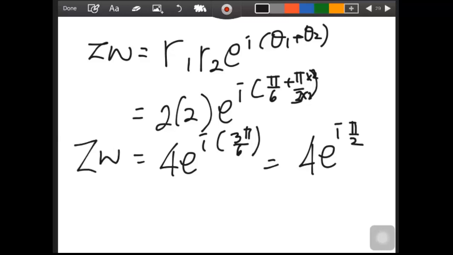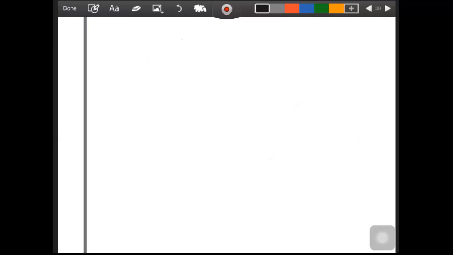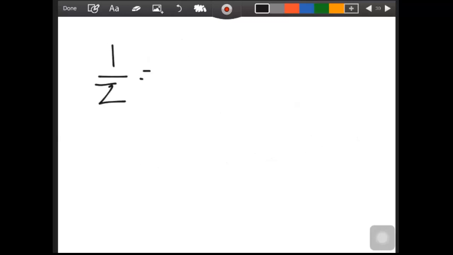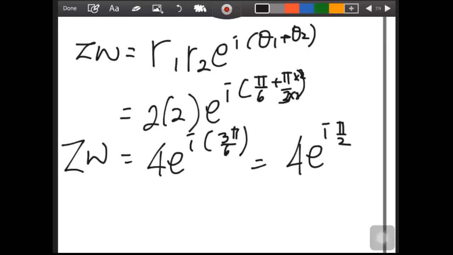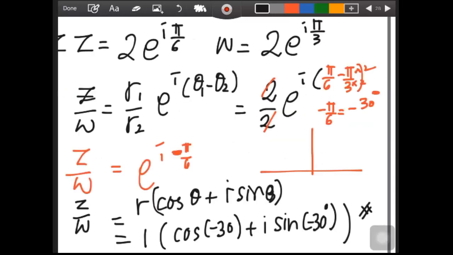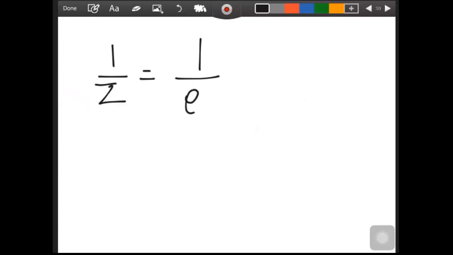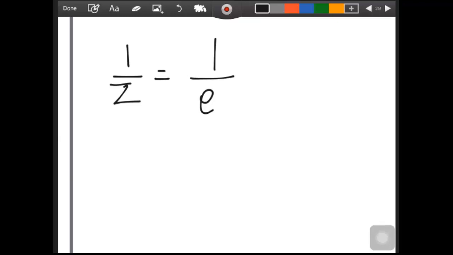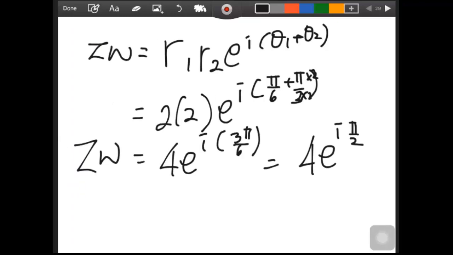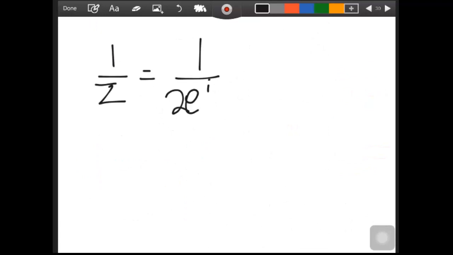Okay, so how about we have the 1 over Z? So 1 over Z, so kita ada 1 over 2 exponential I pi over 6.